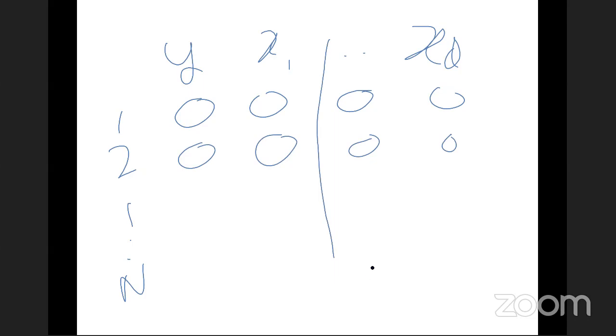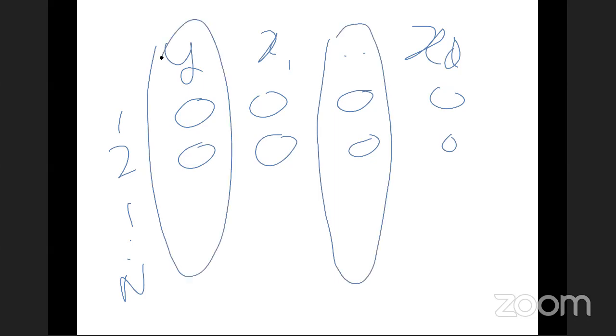So I pick this particular feature, and I pick the variable to be predicted, and I assign them ranks. The one that has the highest value will be rank 1, the one that has the lowest value will be rank n. And here also I do the same thing. So that is what I mean by rank.